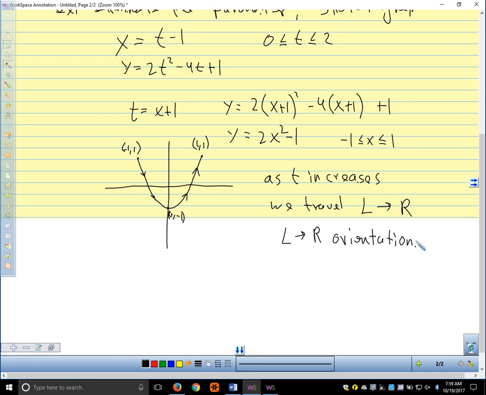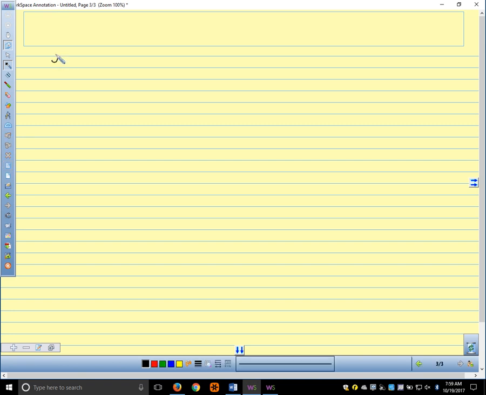All right, let's look at another one where it's a little less straightforward than solving for one of the variables and substituting. Usually we're going to eliminate the parameter so we can visualize what the curve looks like, to sketch the graph.